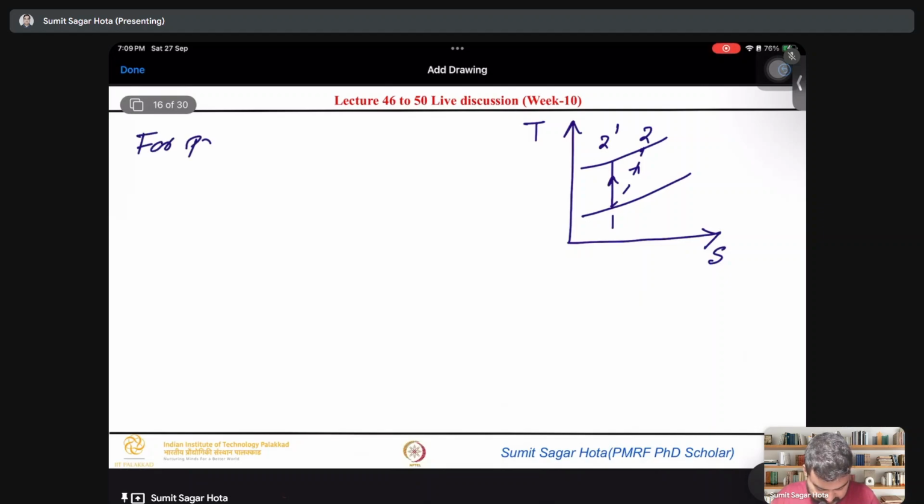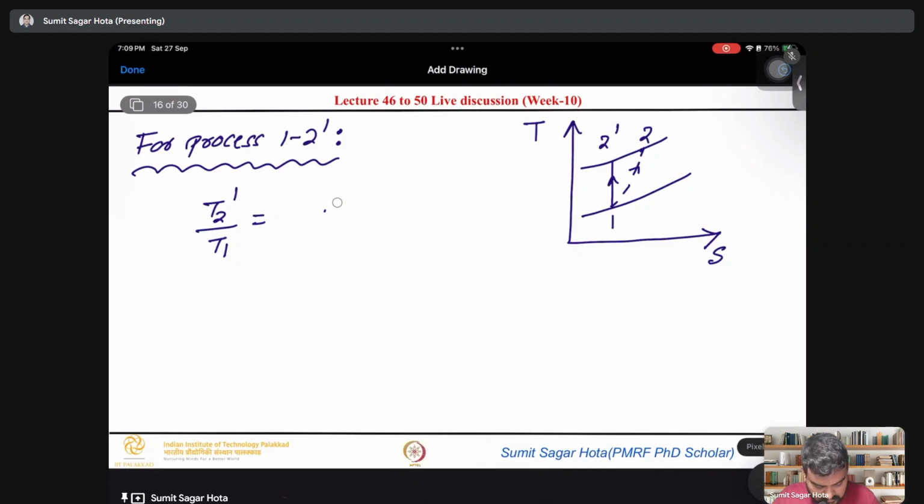For process 1 to 2 dash, so T2 dash by T1 is equal to P2 by P1 to the power gamma minus 1 by gamma.